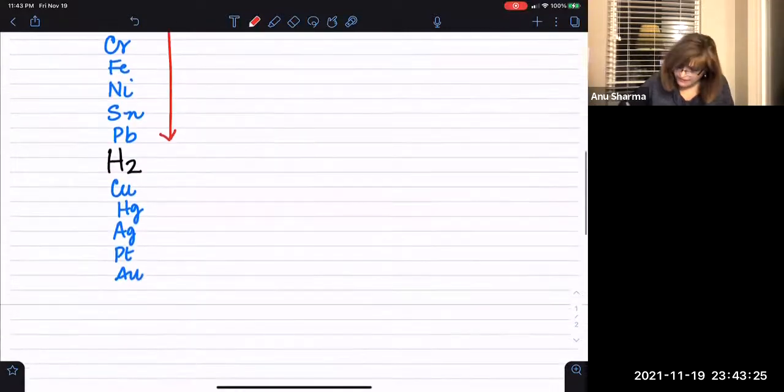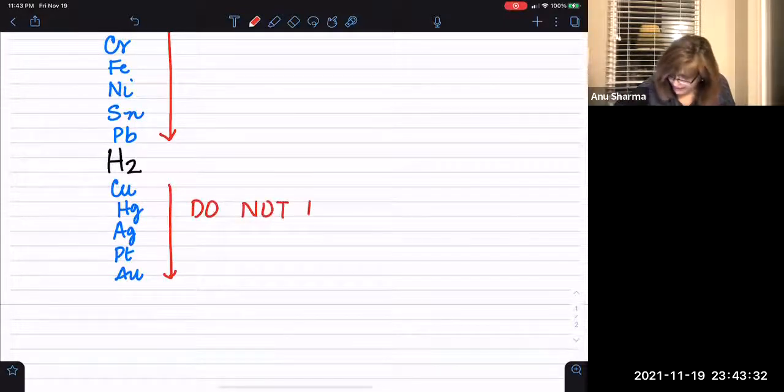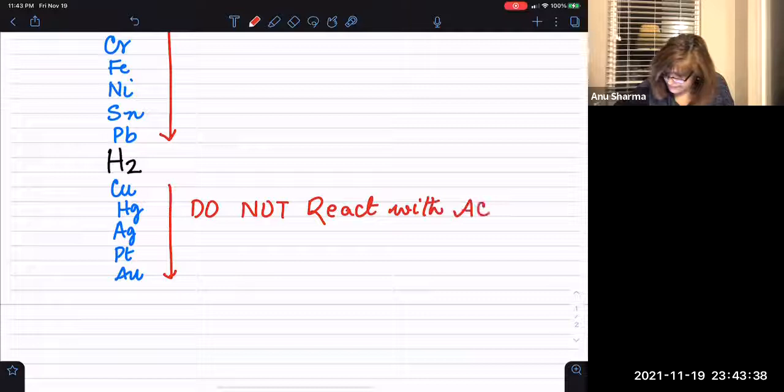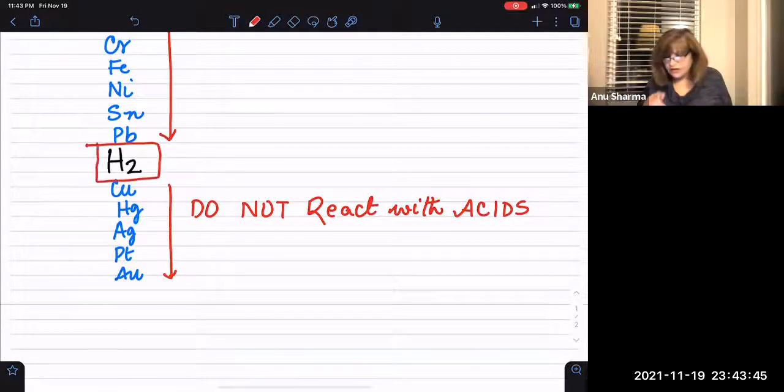But these guys do not react with acids. That is why you make jewelry out of them. So here, between lead and copper, you should put hydrogen.